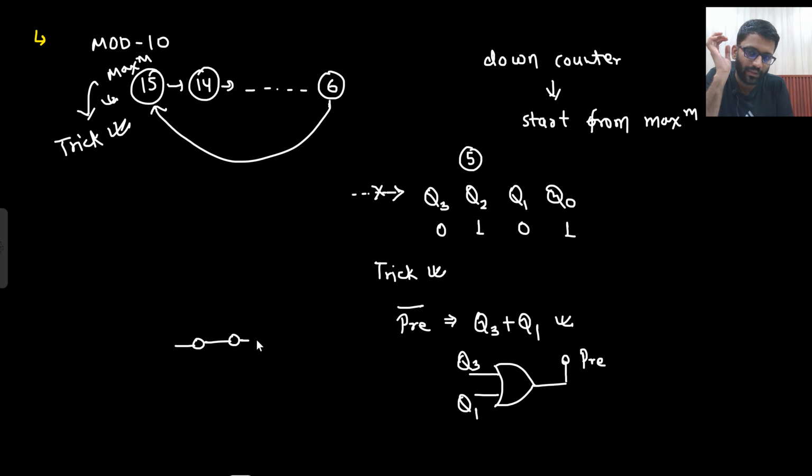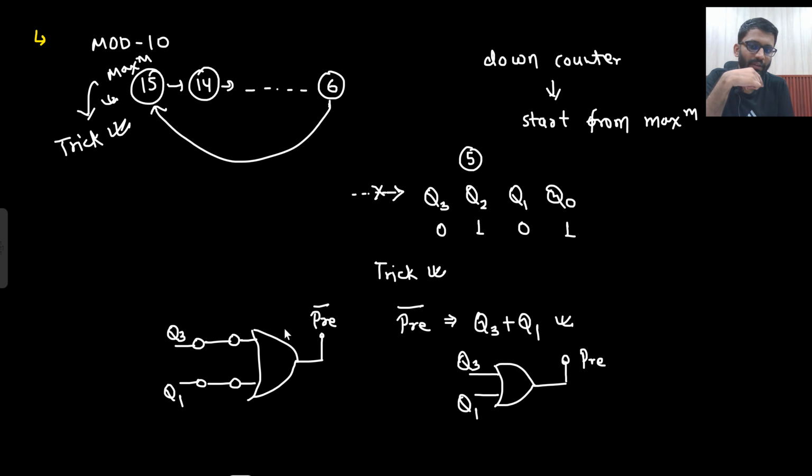But what if I do this thing? I introduce two inverters here. And this is my pre-bar. Two inputs are introduced. This was your Q3. This was your Q1. What is this structure? This is an AND gate, right?